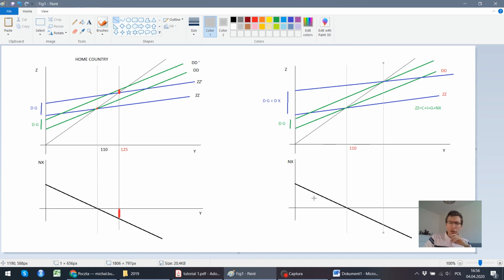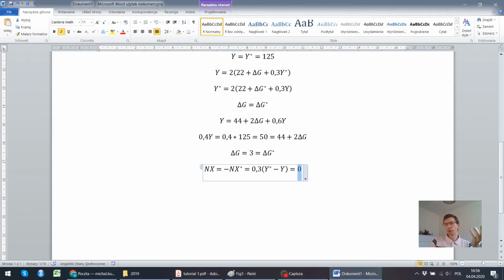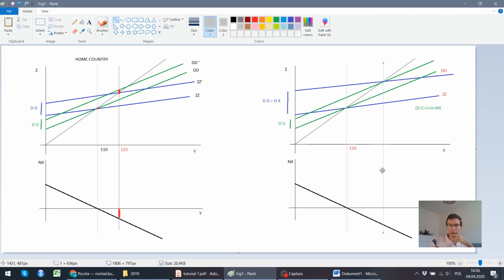We know that exports in the home country increased. So not only imports increased, but also exports increased. Exports in the home country increased because the imports in the foreign country increased. This is why this internalizing of the second country is kind of important here. And we observe that this increase in exports also caused an increase in the location of the net exports line, right?